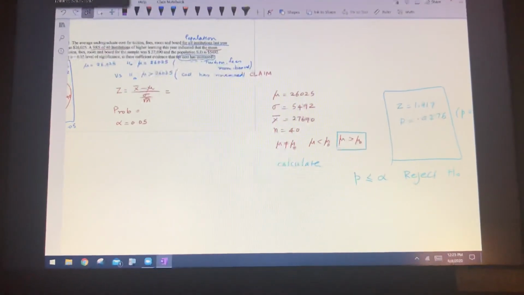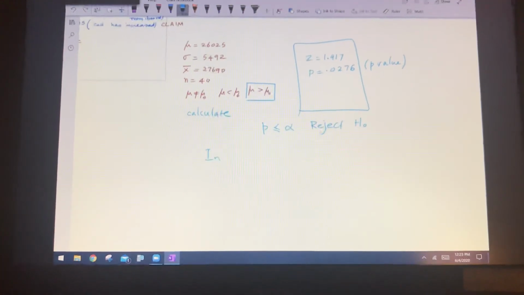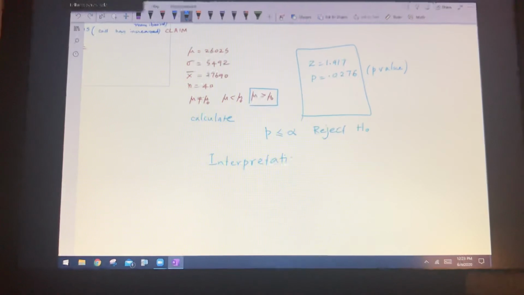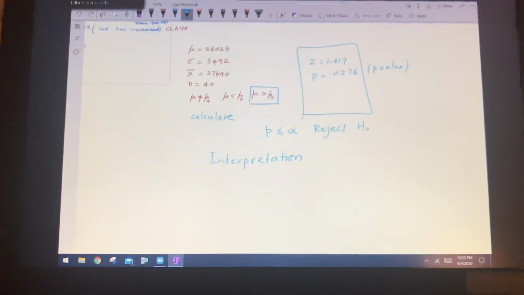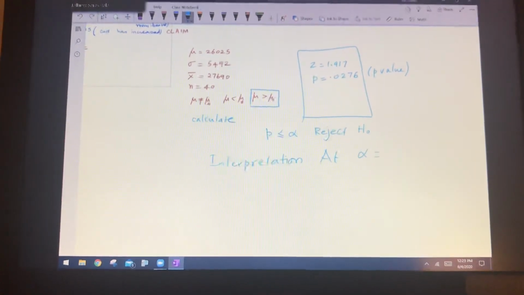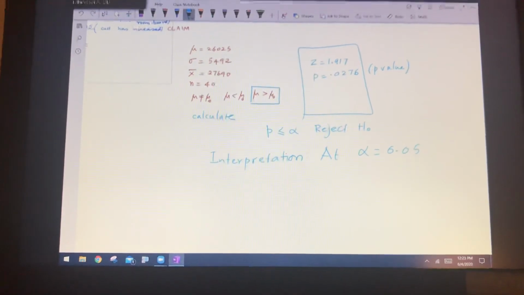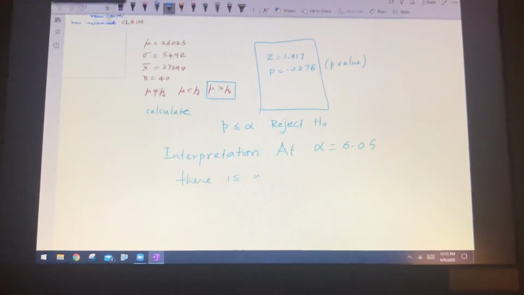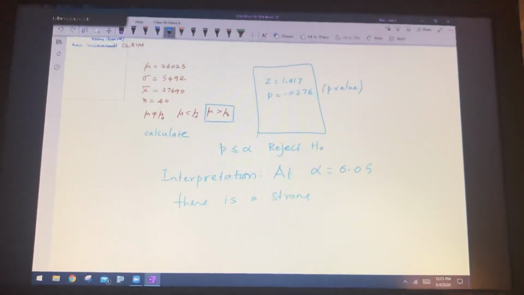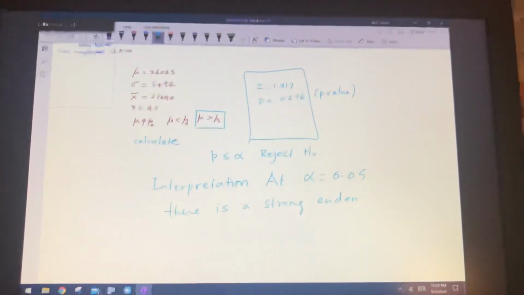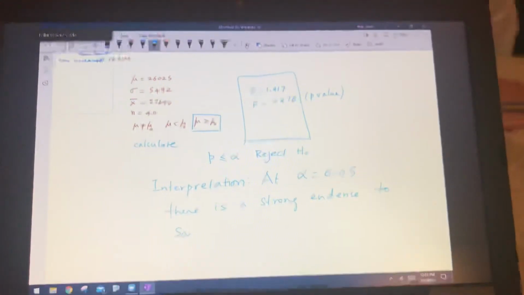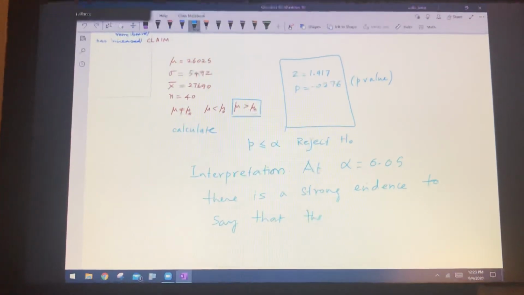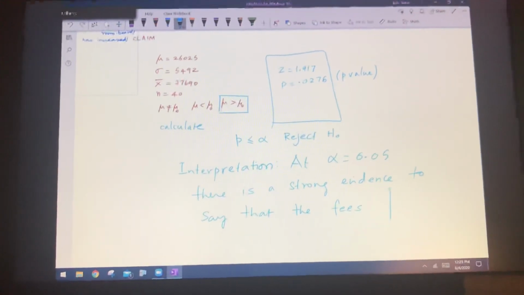So now your interpretation is going to be, yes, at 5%, I can say that the fees have increased. At alpha equal to 0.05, there is strong evidence to say that the fee structure has increased.